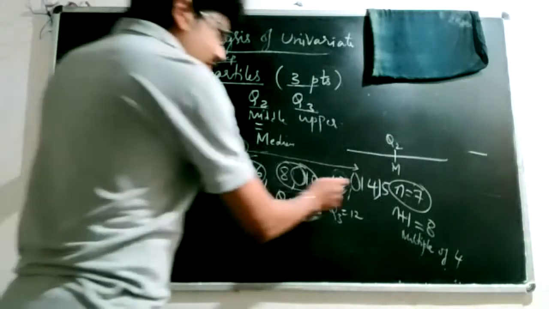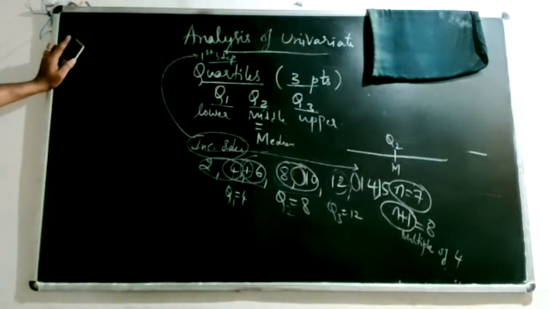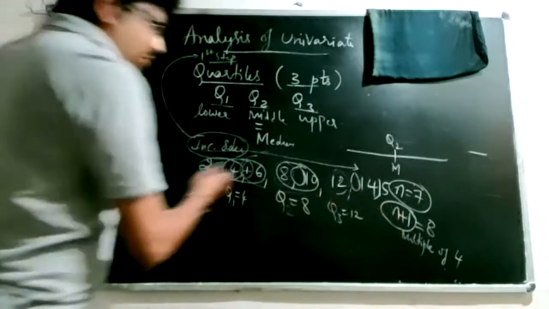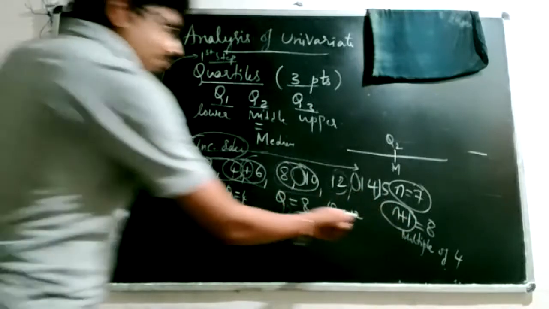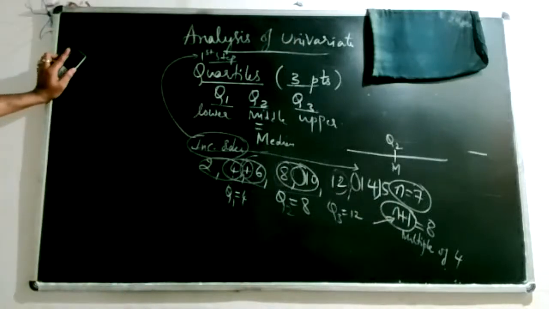Using this exercise, we have understood that if I have the term n plus 1, it could be easy to pick up the position values. So you can invest some time and observe why not n, why n plus 1.